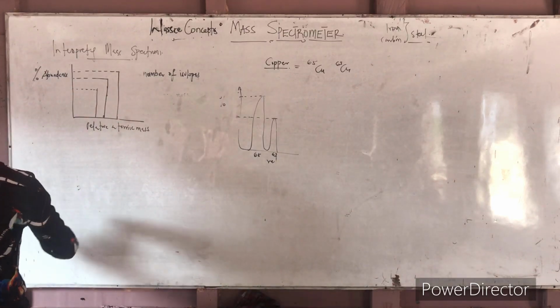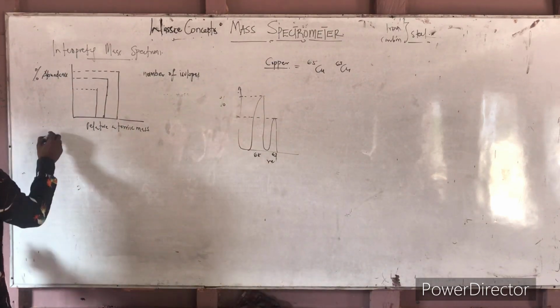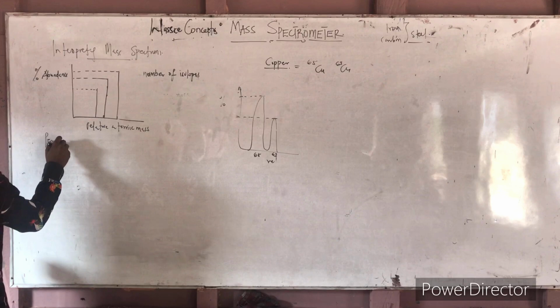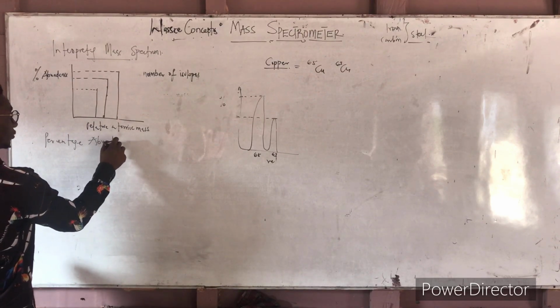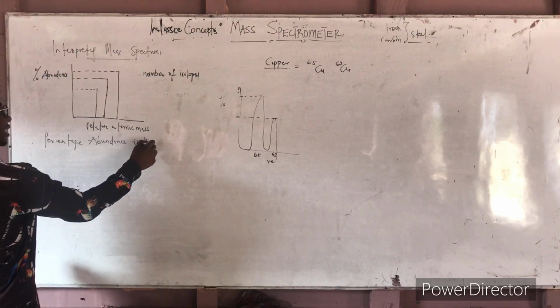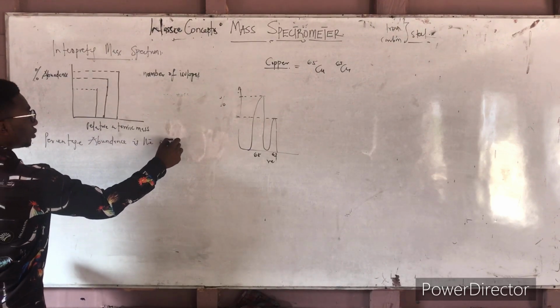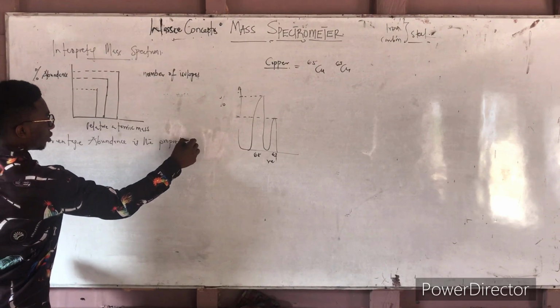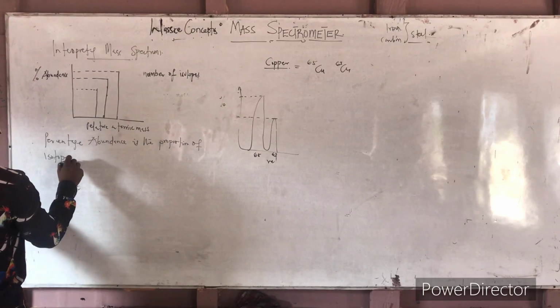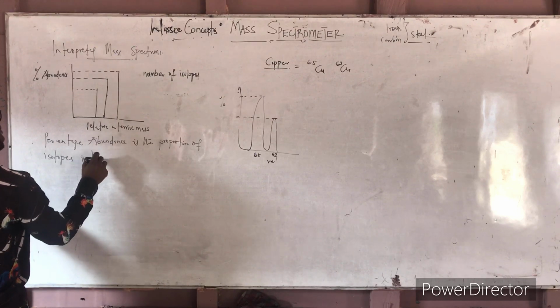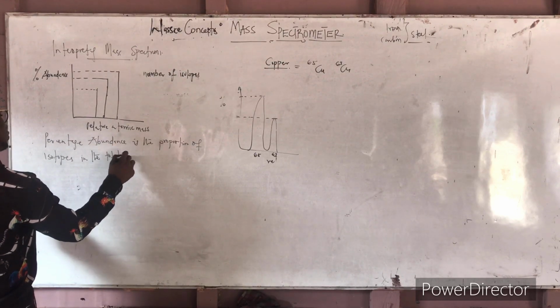Now, the percentage abundance is the proportion of isotopes in the total sample.